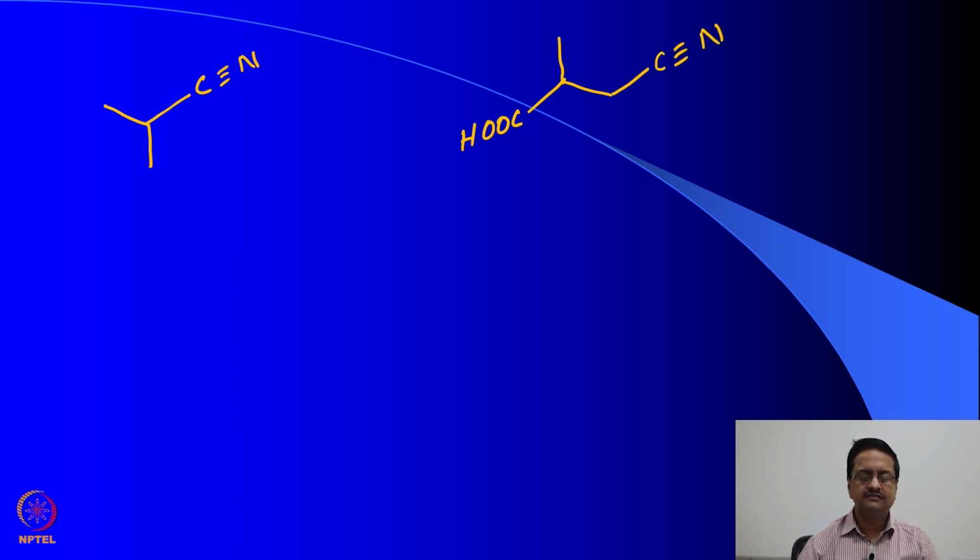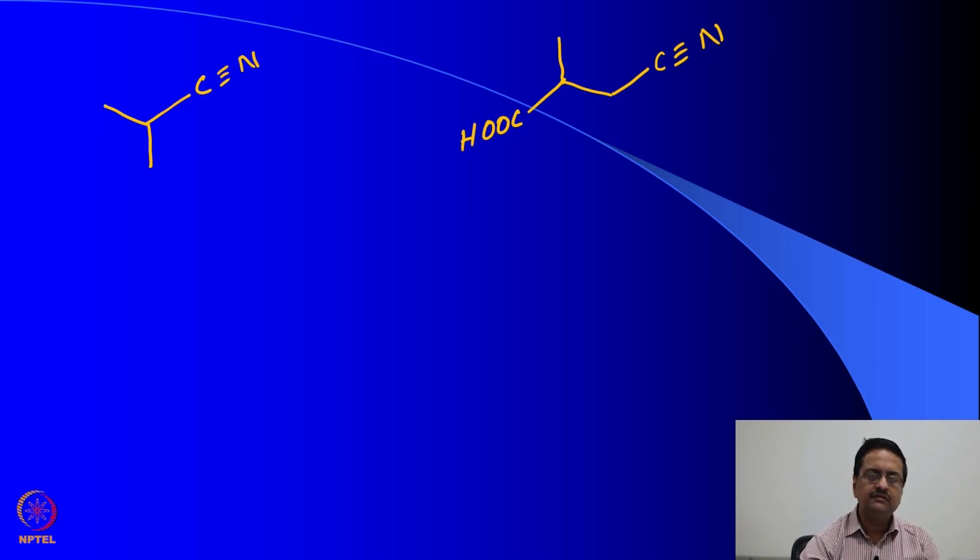So, what is the difference? In one molecule, you have only one functional group, that is the CN or the cyanide group. In the other molecule, you have 2 functional groups, one is carboxylic acid and the other one is cyanide.